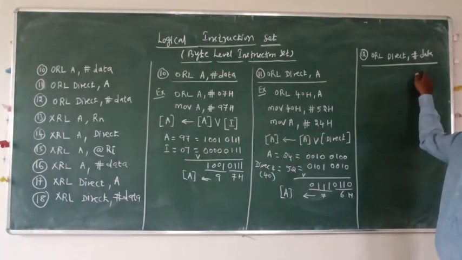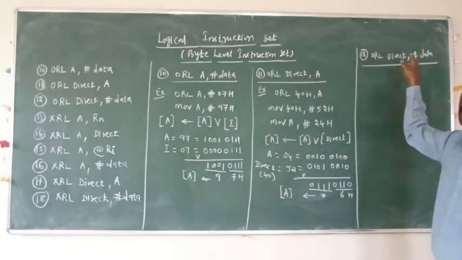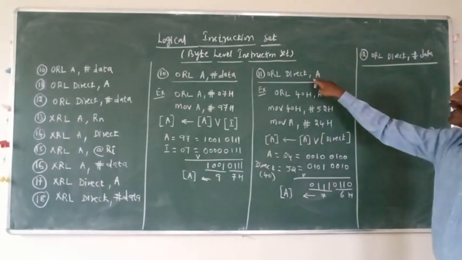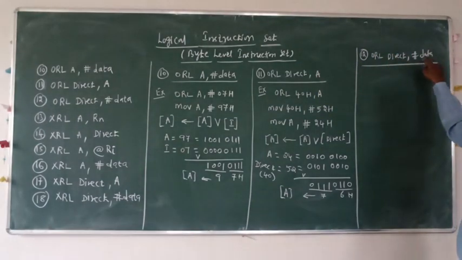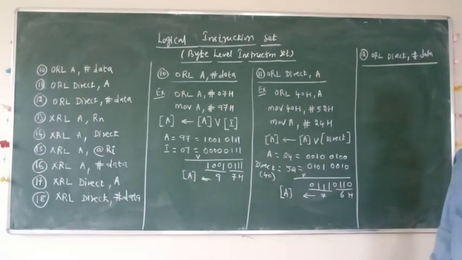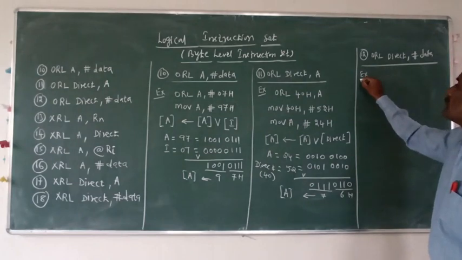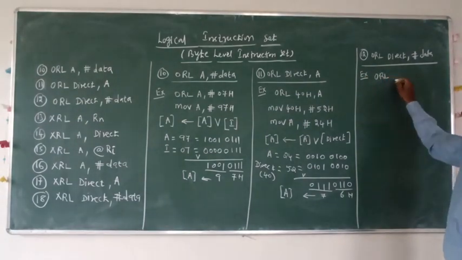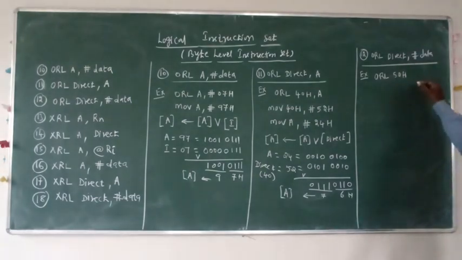Here the source is different and the destination will be the same. The destination is direct; in the 11th instruction the source is the accumulator and in the 12th instruction the source is the immediately given 8-bit data. Example, ORL direct memory address location, suppose 50H, and immediately given data D7H.